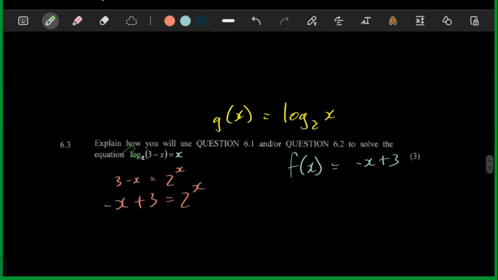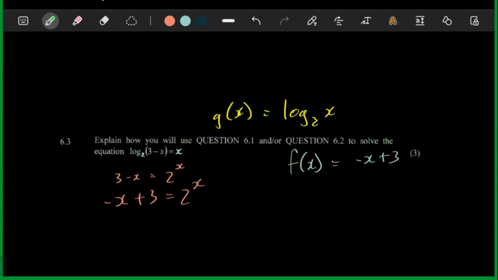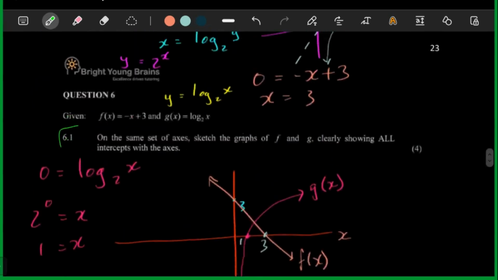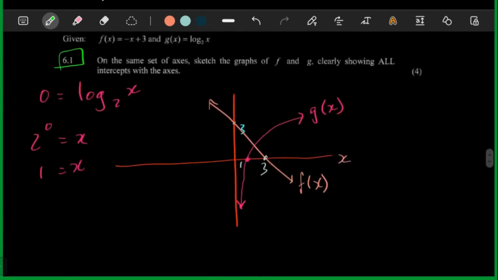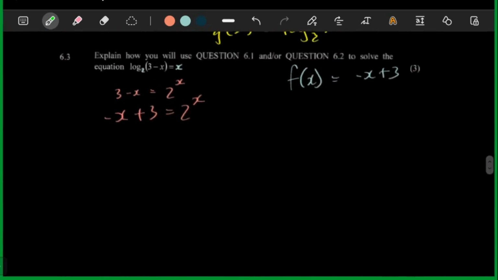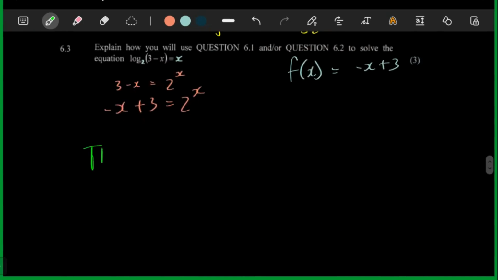And you can say here, explain how you would solve this equation. So how would you use 6.1? So you would obviously use 6.1, right? Because the solution of the equation is where the graph of f meets the graph of g. That's what you'd say. Okay, let's just refer to 6.1 specifically.